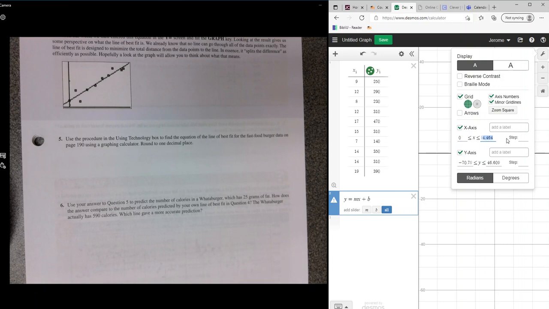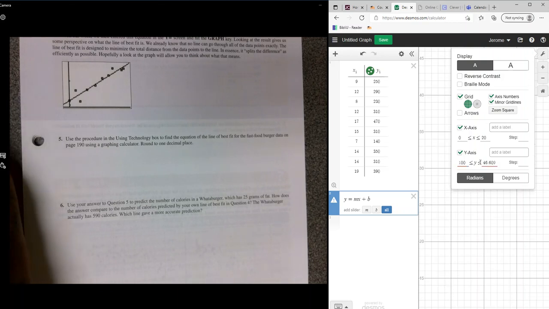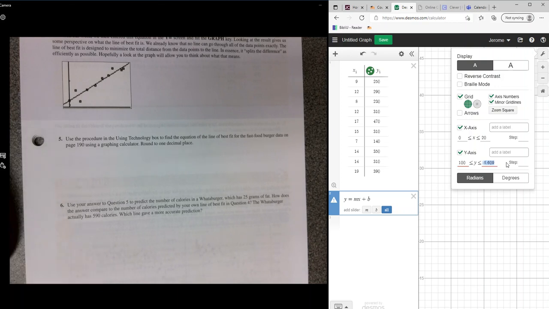And then the y-axis, based upon our table on page 190, the lowest on the y-axis was 140, so I just make it 100, and then the highest was 470, so I make it 500. Okay, now that I did that, we can see this graph a little better. In fact, let me expand this.